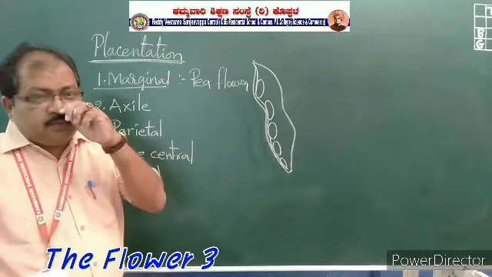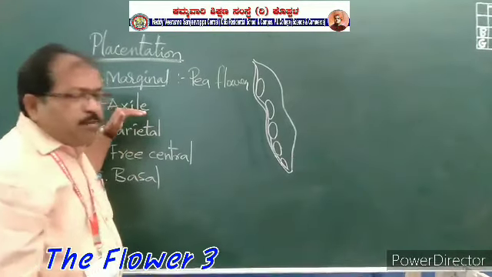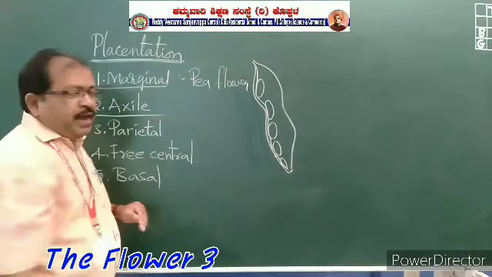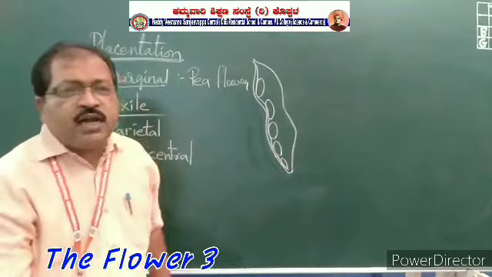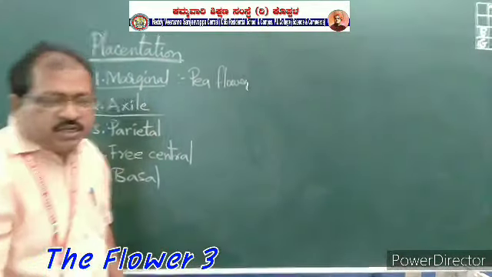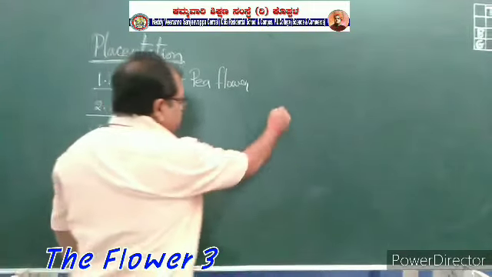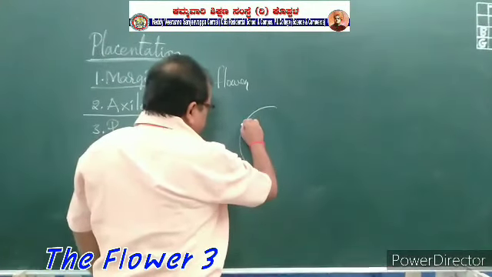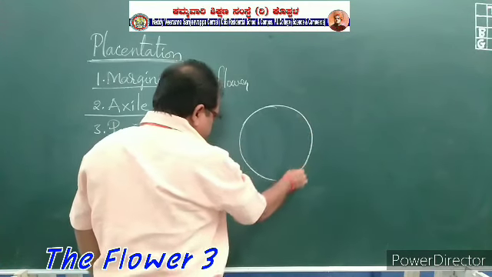Marginal placentation. Next, the most common placentation, which most flowers have, is axile placentation. In this, the ovary is round in shape.